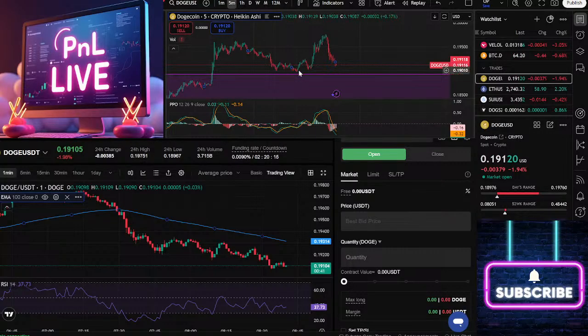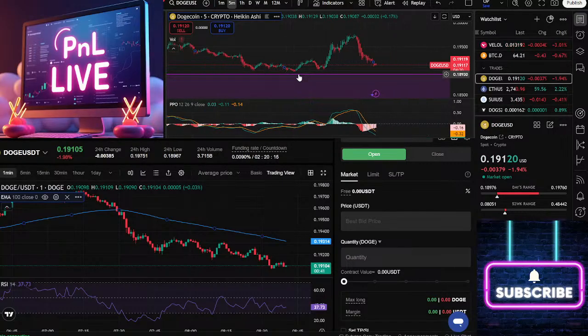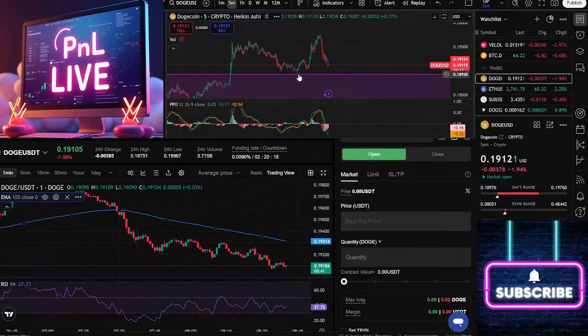So if it hits one more bounce, that would actually be a good time to get in, I think, because I like to stick to it with a couple bounces. It's got to bounce at least twice, and it looks like it hasn't bounced off of it, but it got pretty damn close to that resistance, so I would count that as a bounce.